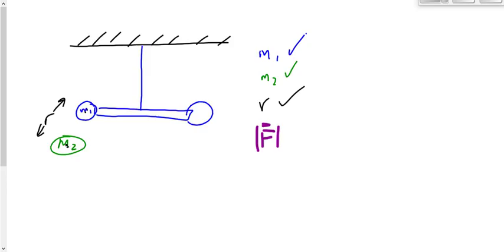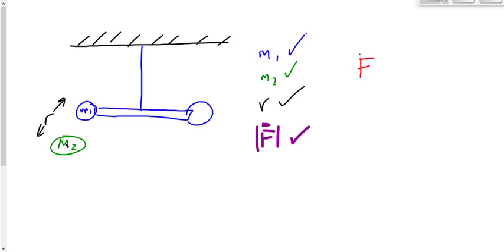It's the twisting of the wire. Good. The amount of torsional properties, or the twisting properties, of the wire. The more it twists, the more the force is. The less it twists, the less the force is. So we can get an idea as to how much force was applied by how much the wire twists when that force of gravity attracts M1 to M2. Now we've got F, R, M1, M2.